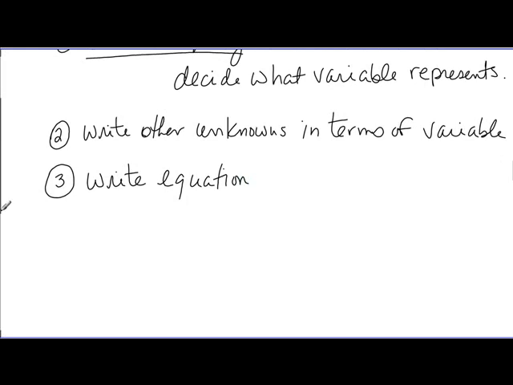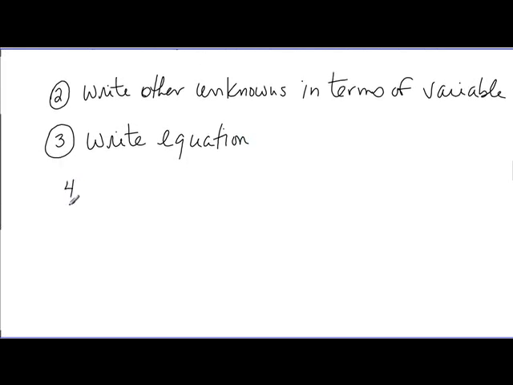Then the fourth step, and this might seem kind of obvious, but we're going to say it anyway, solve the equation. Now, simply solving the equation isn't going to be quite enough for step 4. This is a biggie.